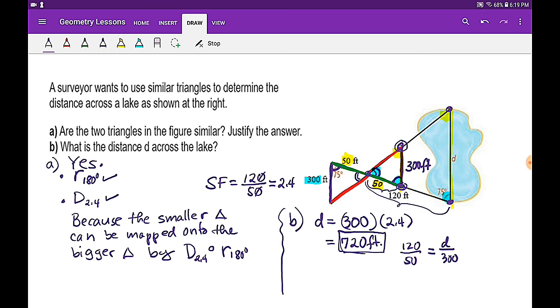And we can say 50D is equal to 120 times 300 is 36,000. Of course, we are dividing by 50 and dividing by 50. If you do your division, check my answer, the answer is going to be 720, the same thing. So we have done enough examples already.